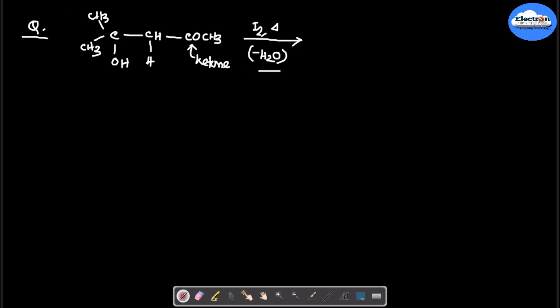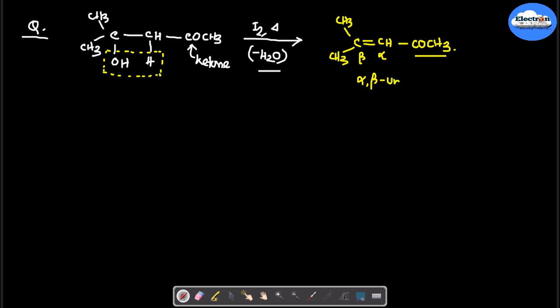So elimination is occurring, so in this compound elimination can be applied, and H and OH overall, H2O gets eliminated, and the compound that is formed is a carbon bonded to CH by a double bond, then CH3 will remain as it is, and CH is further connected with COCH3, and thus this compound is formed. It is also, you can see, an alpha beta unsaturated compound.